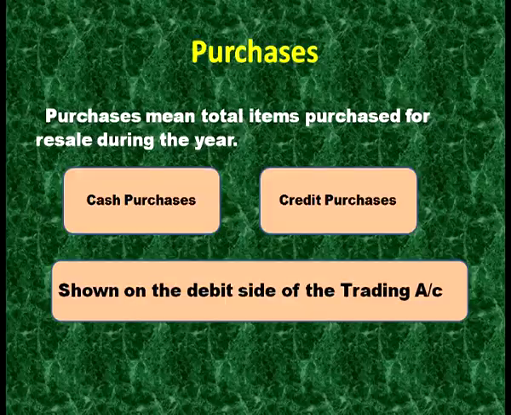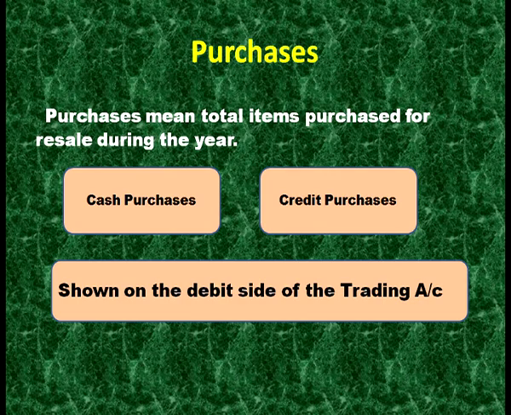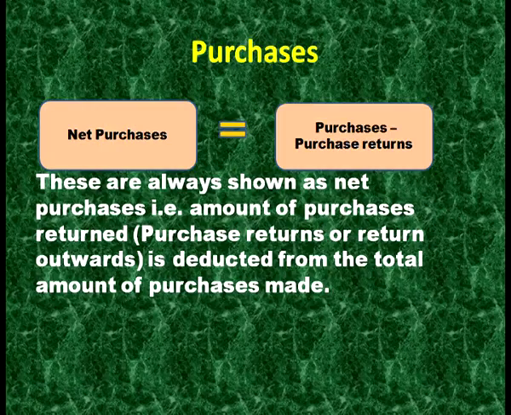Purchases take into account both cash purchases as well as credit purchases, and it is shown on the debit side of trading account. And we have already seen what net purchases is. If you subtract purchases returns from the purchases, you get your net purchases. These are always shown as net purchases. The amount of purchases returned is always deducted from the total amount of purchases to figure out the net purchases.